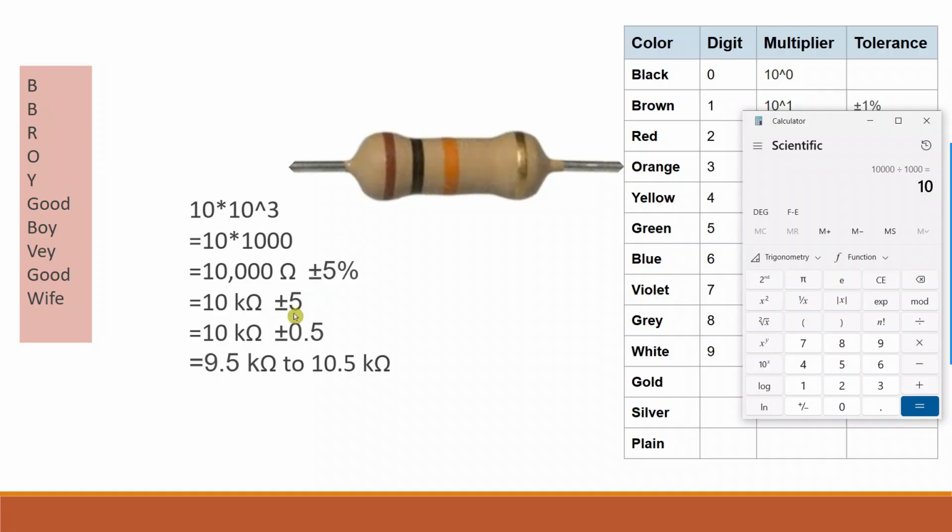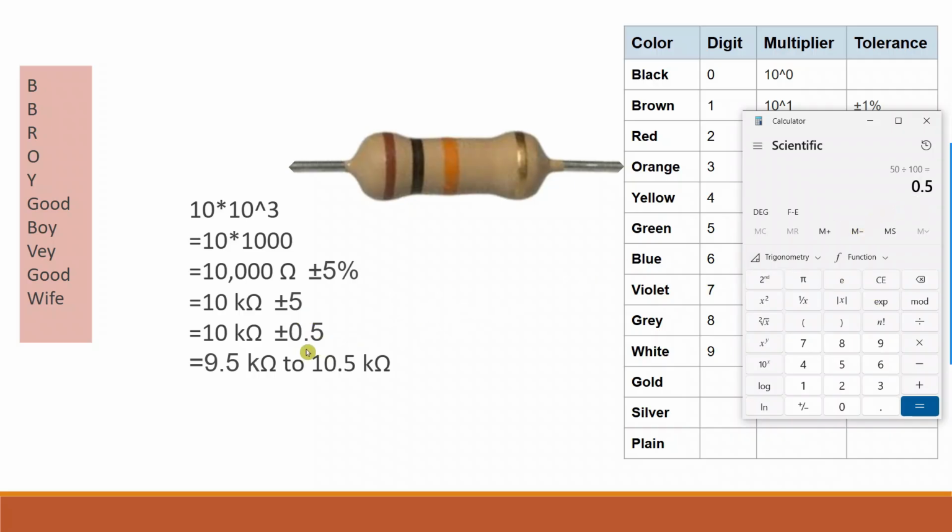Now what is the 5%? What is the value of this tolerance? So what is the 5% of 10 kilo ohm? 10 into 5 divided by 100. So 5% of 10 kilo ohm is 0.5.